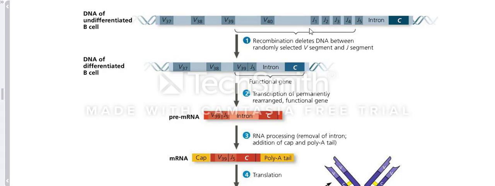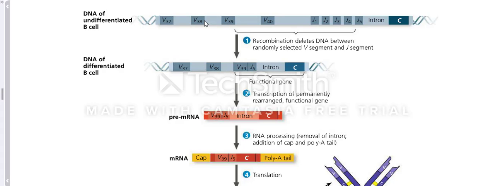Everything in here is going to act as an intron, and recombinase is going to remove it, and we're going to get now everything from V39 to J5 removed, and they are now together. And you can do that with any combination of these segments. And the book says for this specific example, you have 40 V segments, 5 J segments, and 1 C. You can have 200 different combinations here.